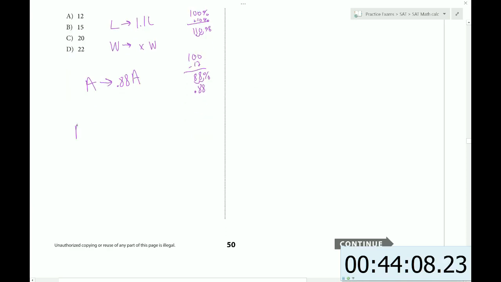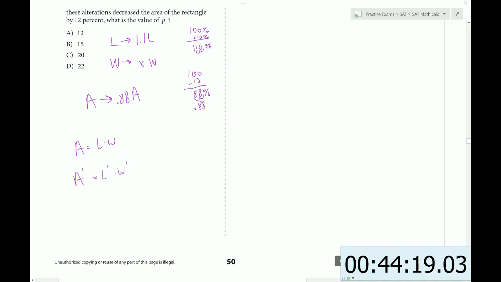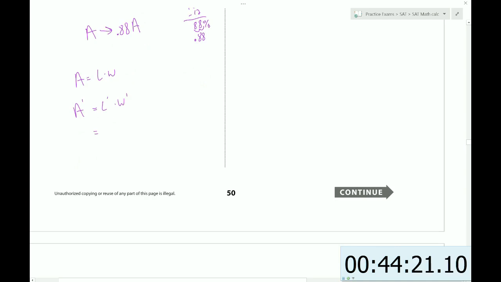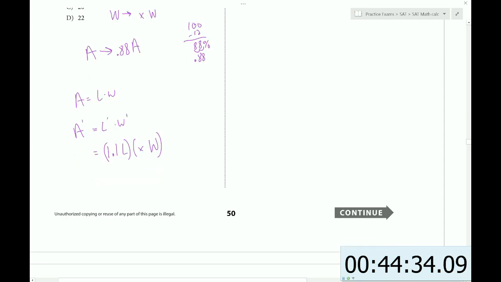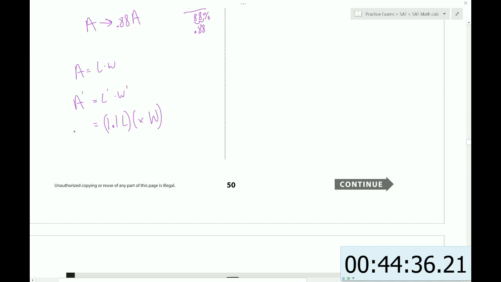The area formula is length times width, and the new area, area prime, is equal to length prime times width prime. Length prime is 1.1 times length. Width prime would be x, an unknown multiplier, times the width. And that is going to equal 0.88A.